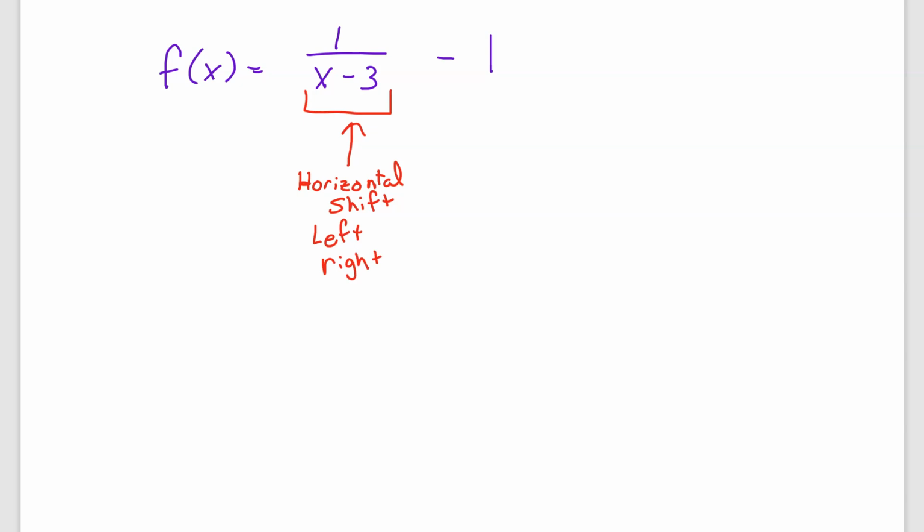So if it was positive, we moved it left. If it was negative, we moved it right. So in this particular case, since it is a negative 3, we are going to move our entire graph right 3 spaces.